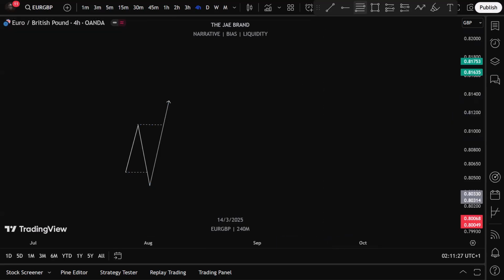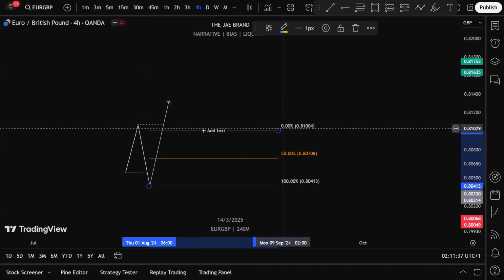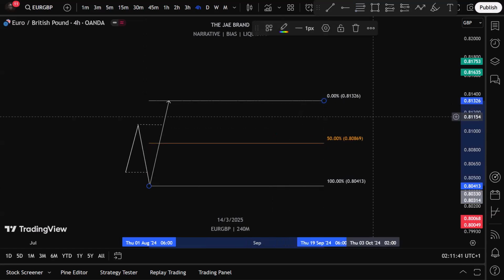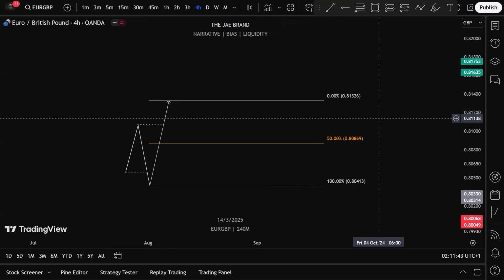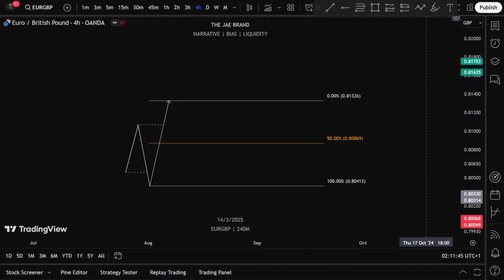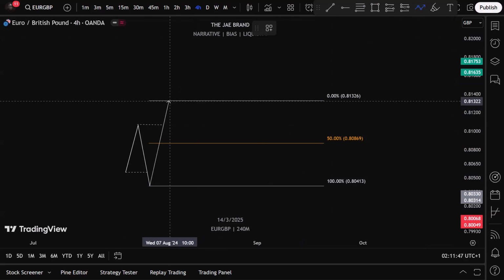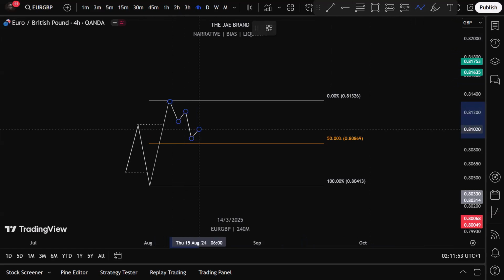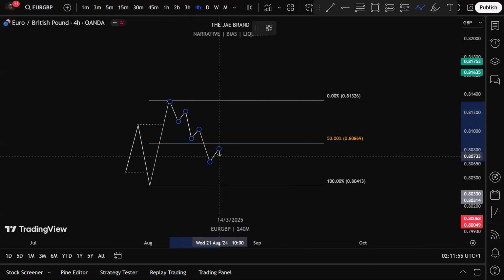Now, basically, if you take your Fib tool, which is your Fibonacci retracement tool, plot from this swing low to your swing high, basically, like I said, we'll always wait for the market to retrace back in an uptrend. We'll always wait for the market to retrace back into the 50% area.